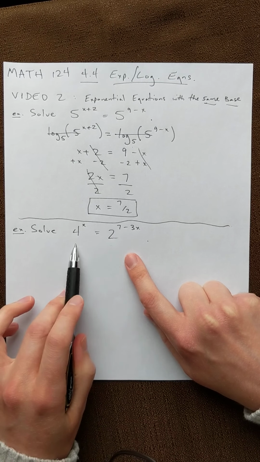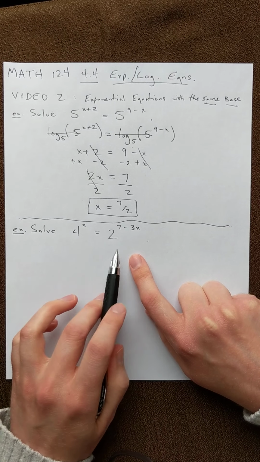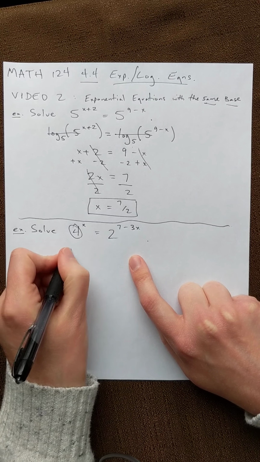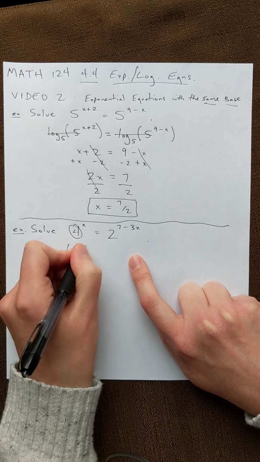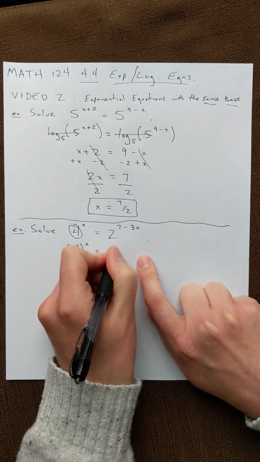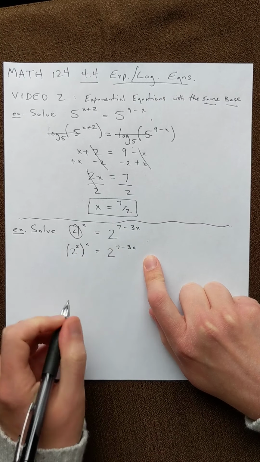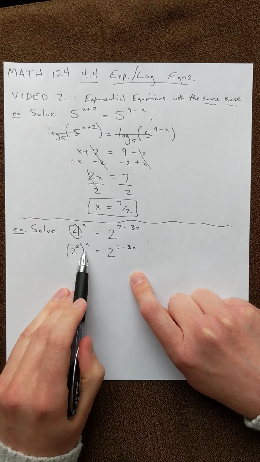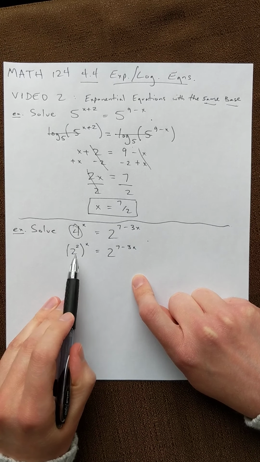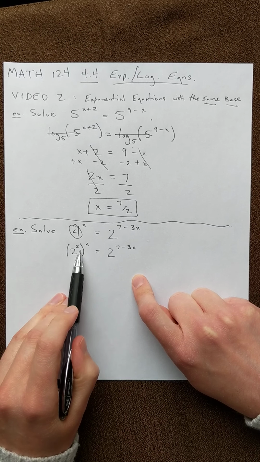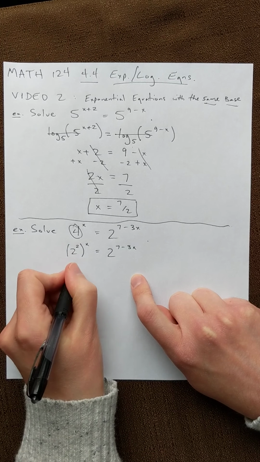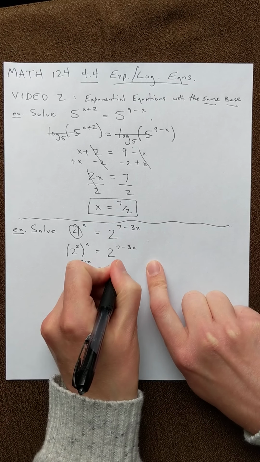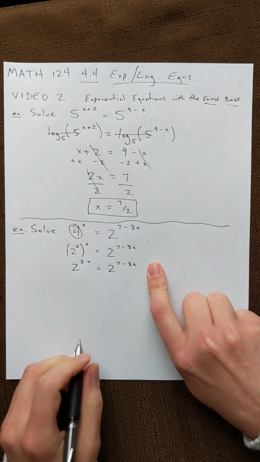And so maybe I can use rules of exponents to rewrite both sides as the power of 2. In particular, I'm going to rewrite 4 as 2 squared to the power x. And now this is starting to look like we have exponentials with base 2 on both sides. And remember, our rule says if you have a power of a power, then you multiply the exponents. So the left-hand side is 2 to the power 2 times x. And the right-hand side, I haven't changed at all.